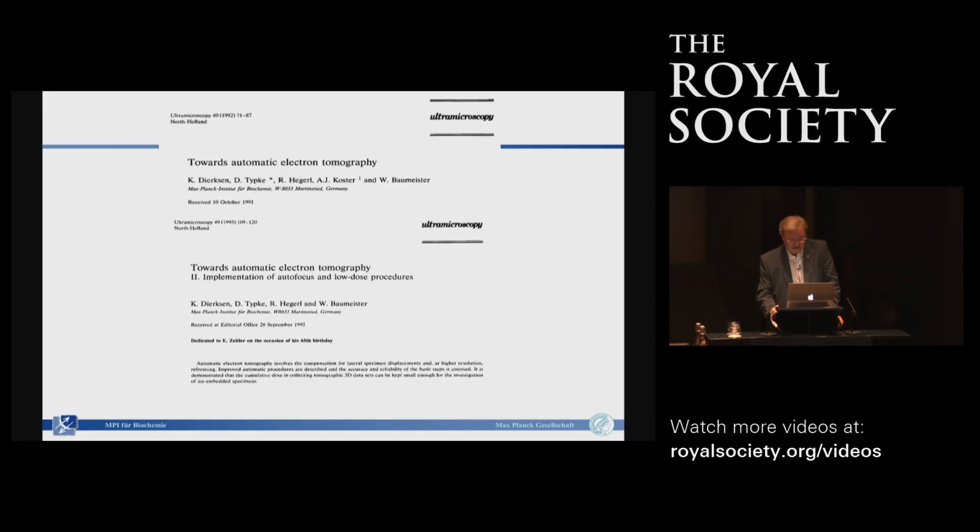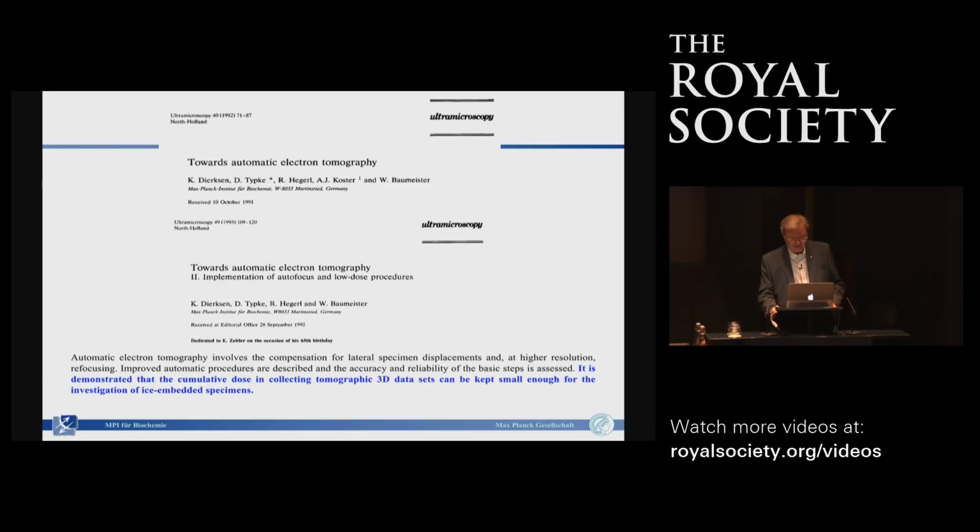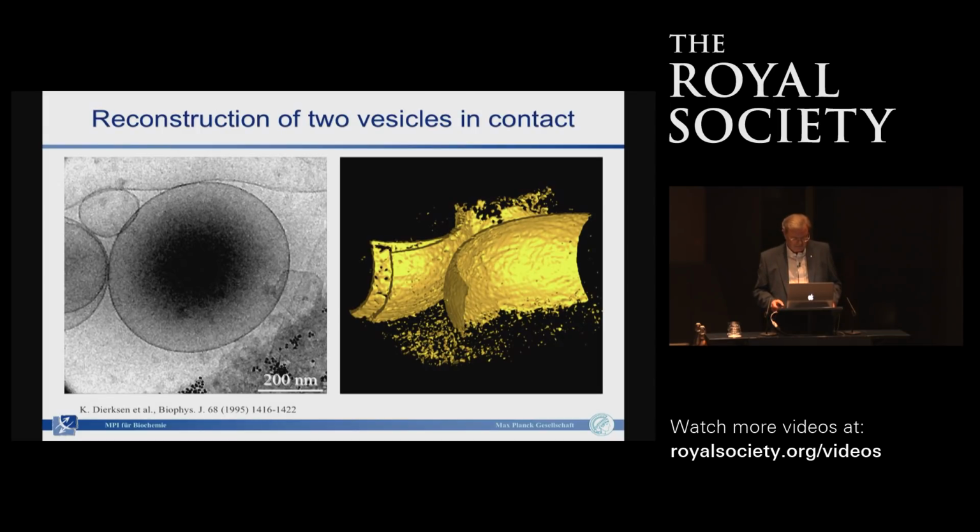Now, we began to work on the automation of electron tomography in the late 80s. At that time, this was not just a matter of software, also hardware had to be built in order to enable doing it. And it was basically in 91, 92 that we could show that the cumulative electron dose in collecting tomographic 3D data sets can be kept small enough for the investigation of ice-embedded specimens.